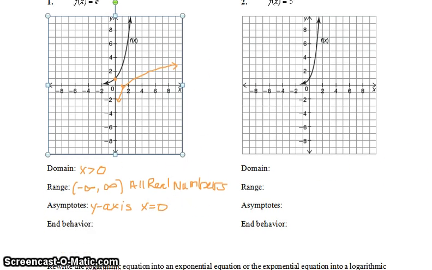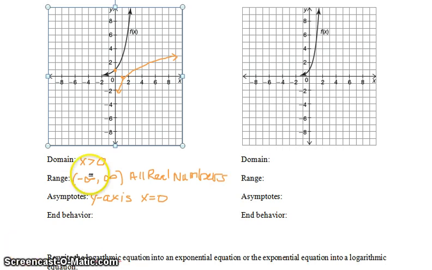The other piece that we have written on here is end behavior, and we haven't talked about that in a while. But when we did talk about end behavior, we talked about what happens as x goes to the left, as x approaches 0, because it doesn't get any negative numbers. What happens to your y values? F of x, the y values, approach negative infinity.